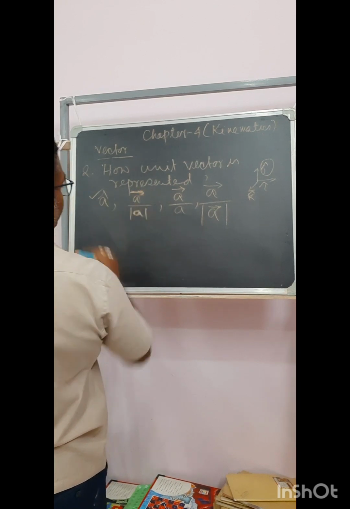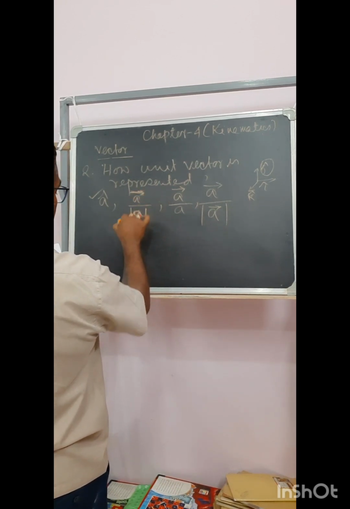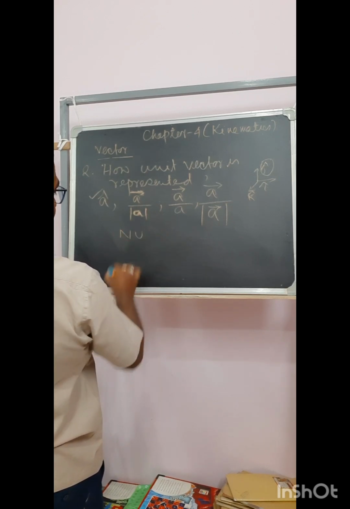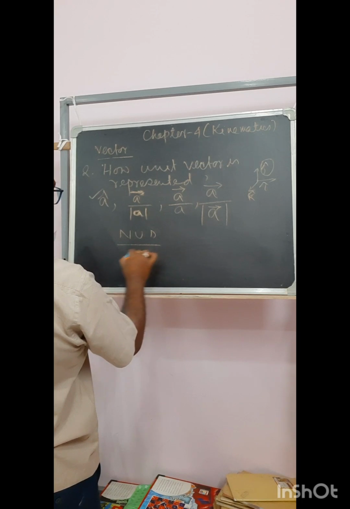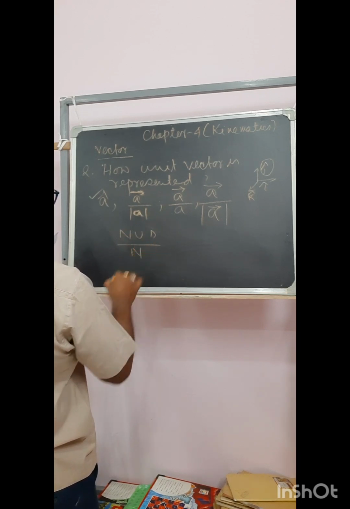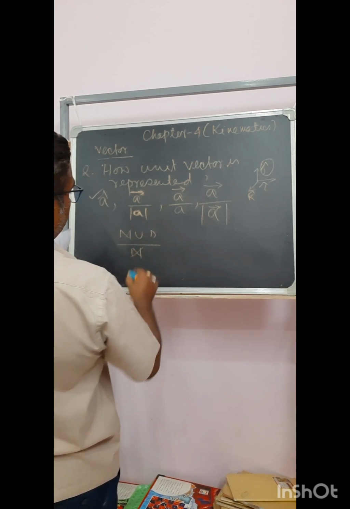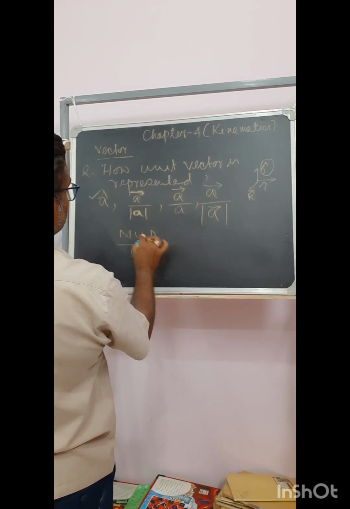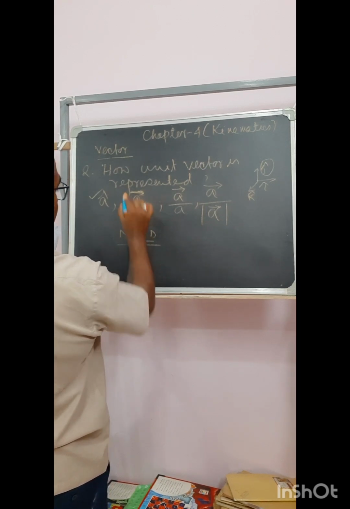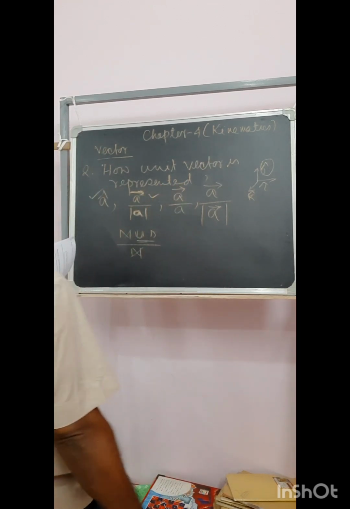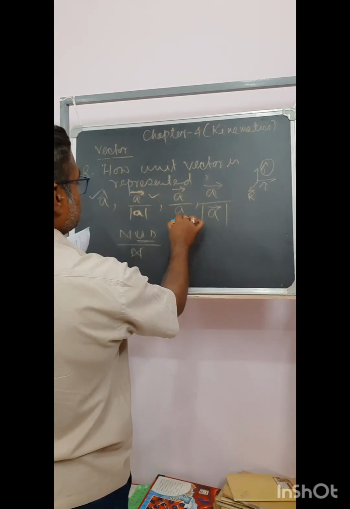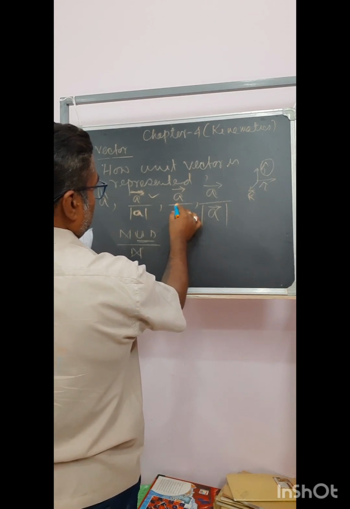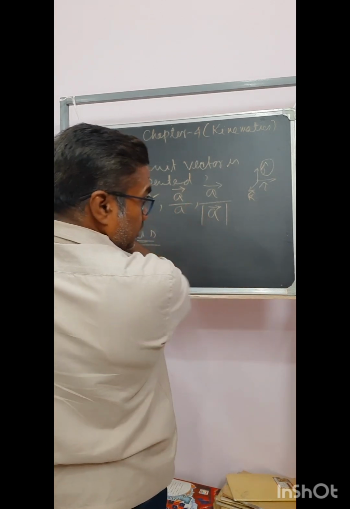A bar is a vector, and a vector divided by its mod value, that means the numeric value, because a vector has numeric value and direction, when you divide it, it cancels out the unit and the numeric, and you will get the unit direction. So this is a unit vector. So definitely it is yes. A bar again is a vector. With two kinds of notation, simple A also sometimes denotes the magnitude.